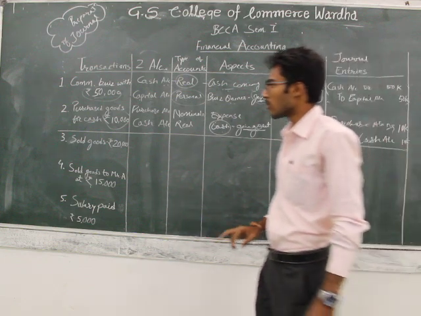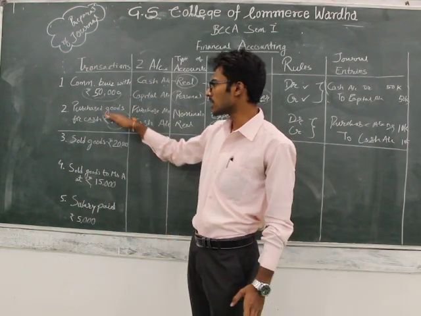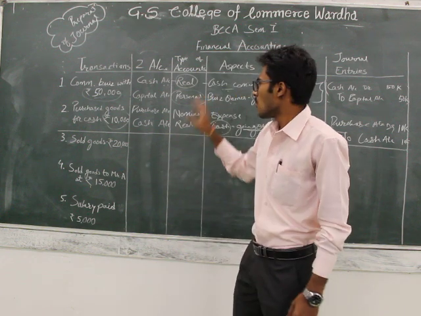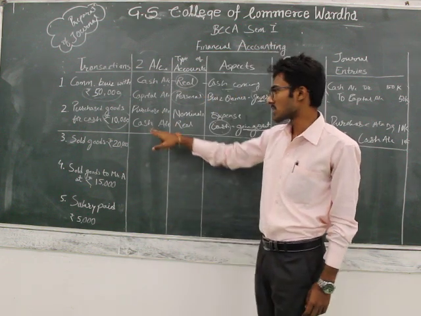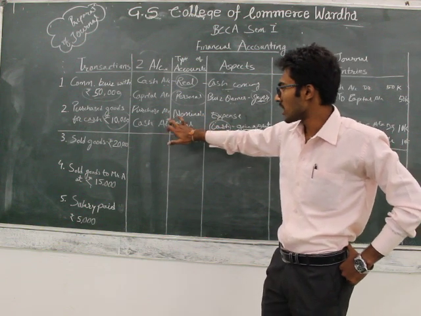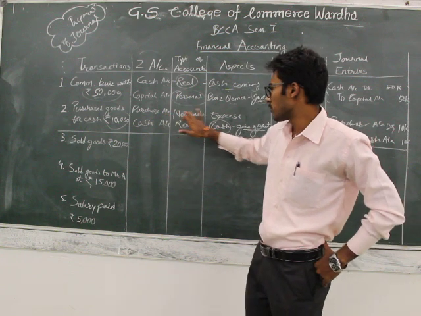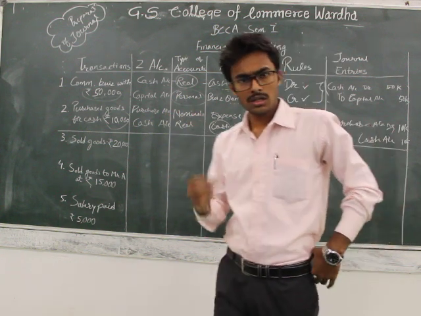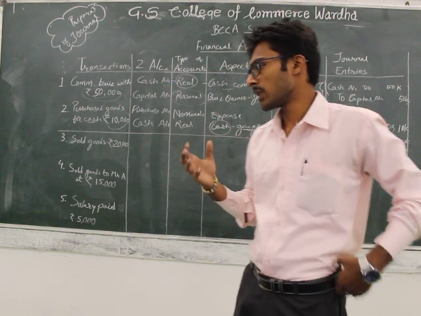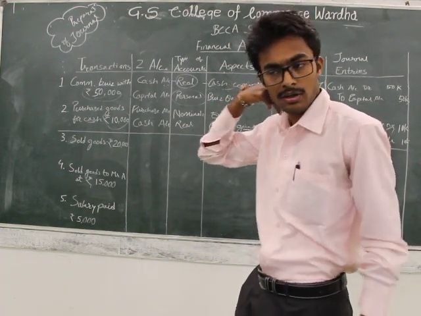The other transaction was purchase of goods for cash rupees 10,000. Here again two accounts were involved: the purchase account and the cash account. Purchase account is a nominal account and cash account is a real account. The golden rule for nominal accounts says debit all expenses and losses, credit all income and gains.